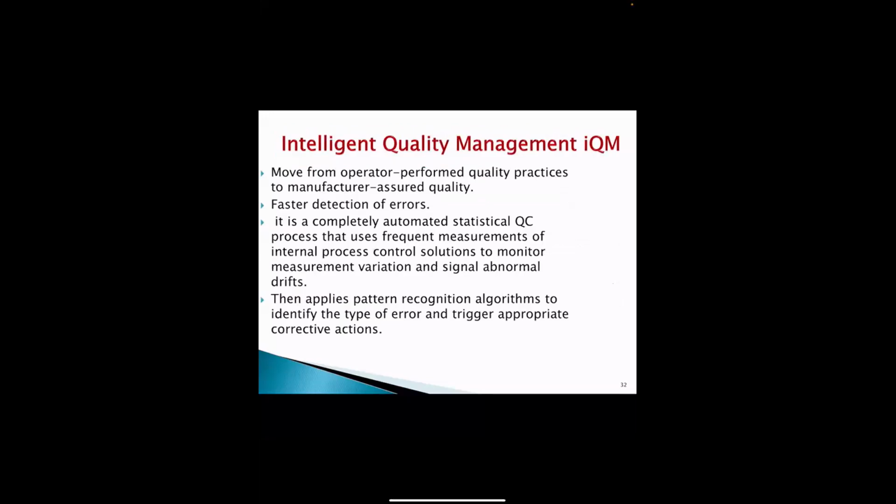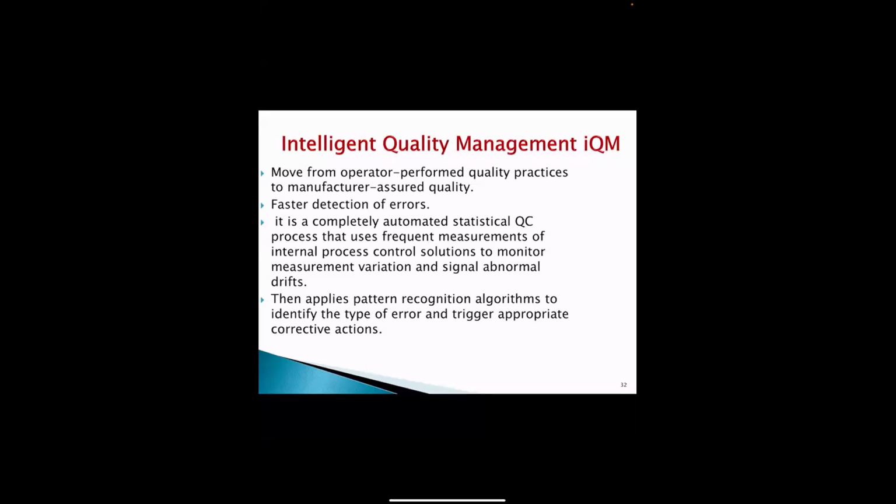And with this technological innovation, the intelligent quality management in the market moved from operator-performed quality practice to manufacturer-assured quality. So it gives faster detection of errors. As you know, manually performed quality control practices are too complex for effective use at point-of-care testing, especially when performed by the non-laboratory practitioner whose primary focus is the patient care, and they don't have the background about the quality and the lab standards.